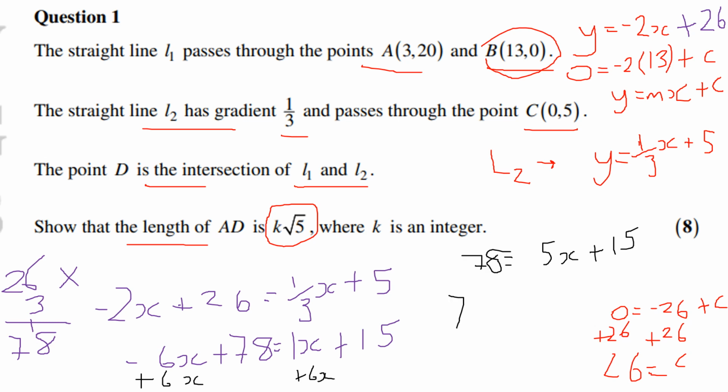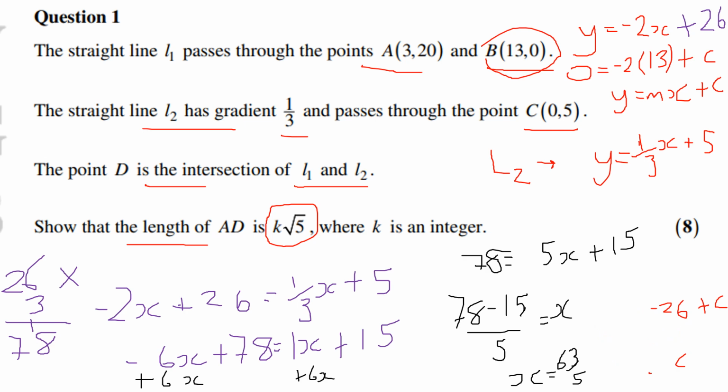So we have 78 minus 15 all over 5, which gives me the value of x. That should give me 63/5 for x. It's a nasty number, but I'll leave it as a fraction. I can now sub this into either equation to work out the value of y.